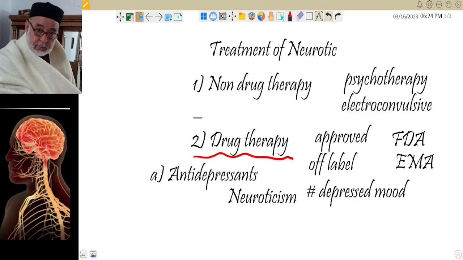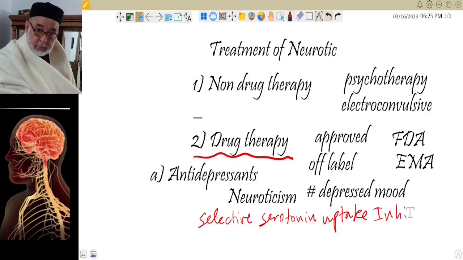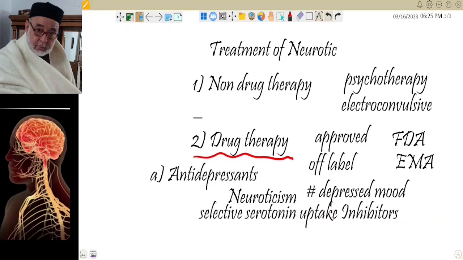Therefore, antidepressants in this case are used in neurotic illnesses which are accompanied by depressed mood. There are many, of course, drugs which are used in this case. Some of them are approved drugs, and some of them are off-label. Maybe I will mention one or two. First are known as selective serotonin reuptake inhibitors. Inshallah, we'll talk about this group of drugs when we talk about the antidepressants. These are abbreviated as SSRI.